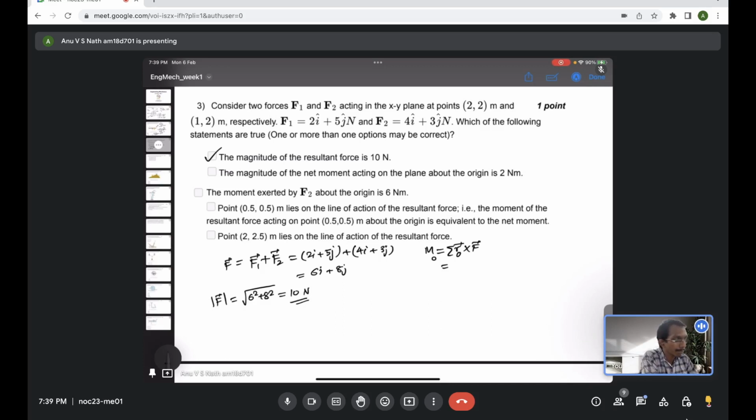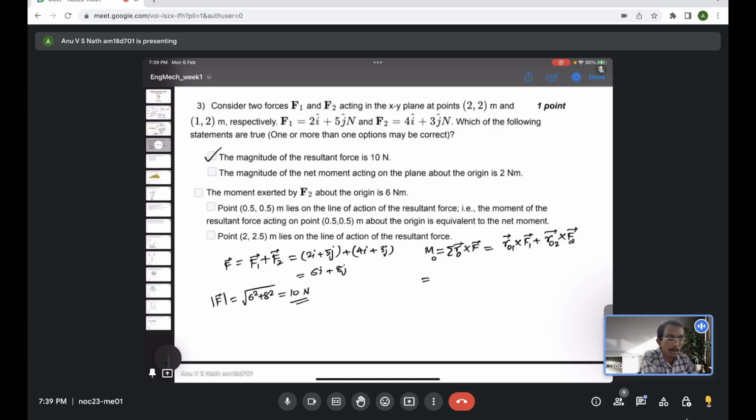So here we have two forces. So RO1, basically the position vector to the first force, crossed with that force itself, plus the position vector to the second force crossed with the second force. So the first force is acting at the point (2, 2).